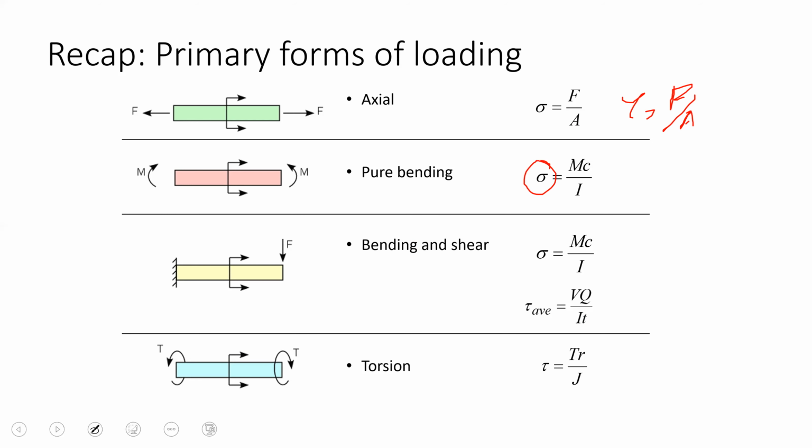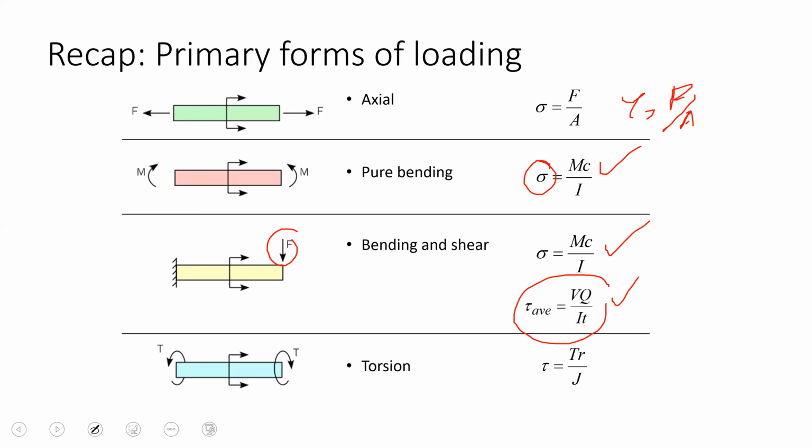If you have transverse loading like this one, sigma will be Mc over I, and tau average will be VQ over It. Whereas tau in torsion will be T rho over J, but we have studied, when rho will be maximum, that will be equal to the radius of the rod. So tau max will be Tr over J, or Tc over J, whatsoever you want to say.